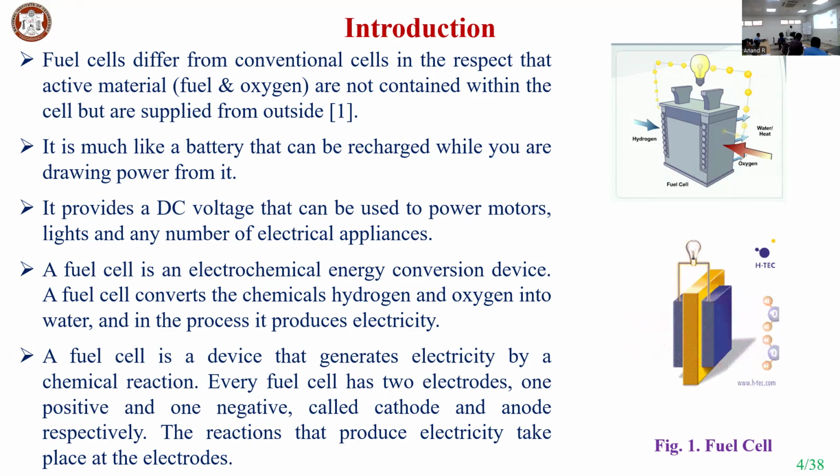So a fuel cell differs from conventional cells in that the active materials, fuel and oxygen, are not contained in the cell but are supplied from outside. Ultimately in the fuel cell we are going to produce electricity in the form of milliamps per unit square area with respect to the fuel cell surface.